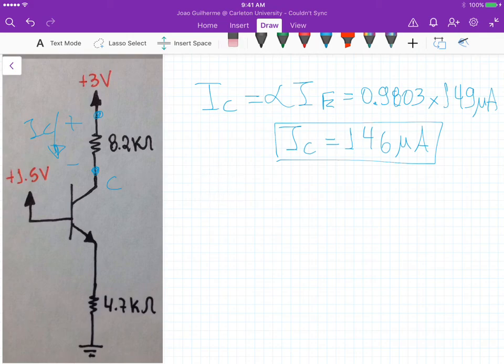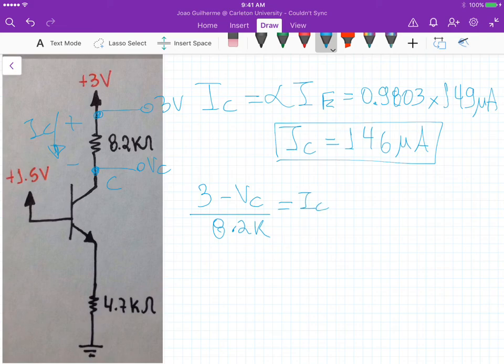So we know that 3 minus VC, divided by those 8.2K, should be equal to the current IC.